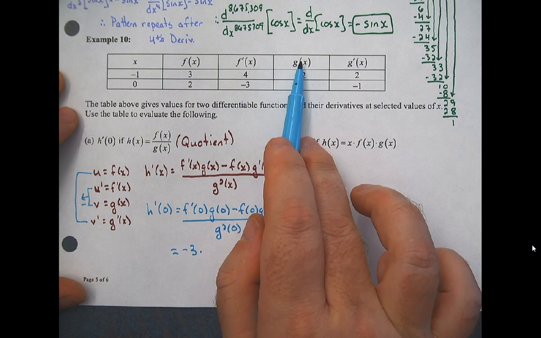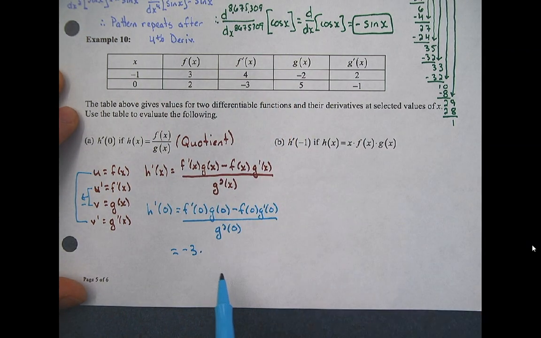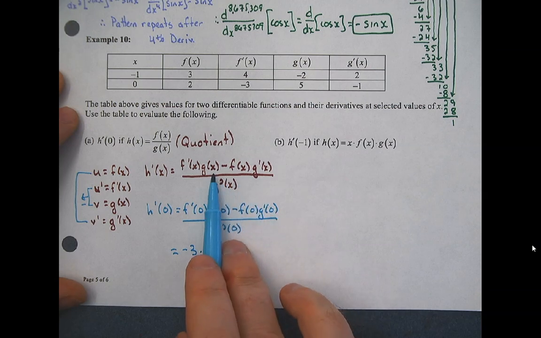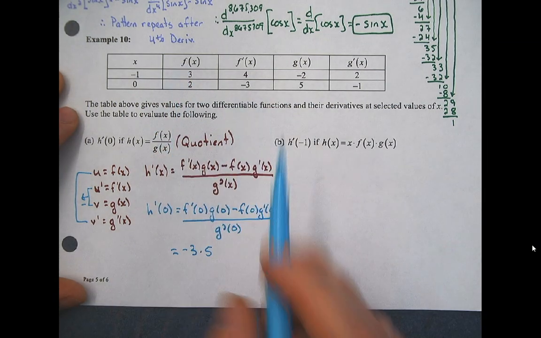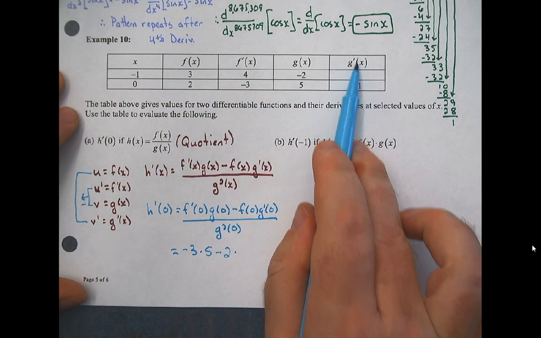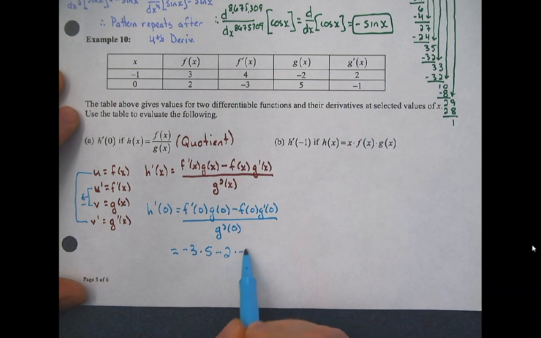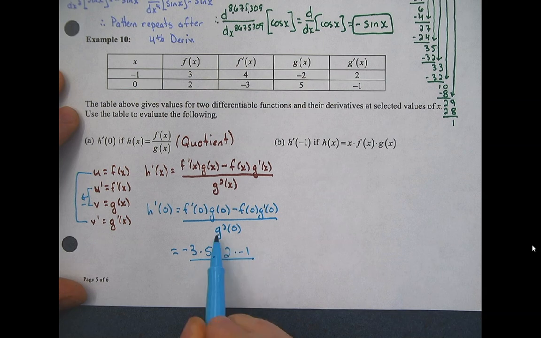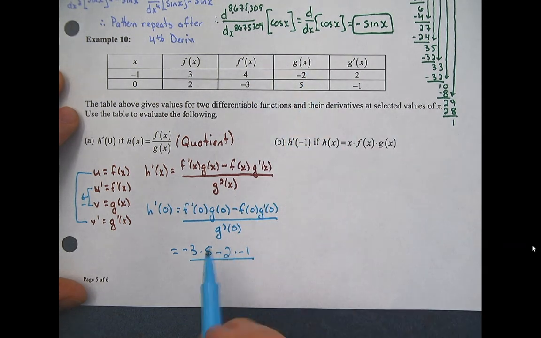I go to g, I go to 0, I get 5. Then we got f of 0. F of 0 is 2, minus 2 times g prime of 0. G prime, go to the 0 column, would be negative 1, over g of 0, which is 5 squared.